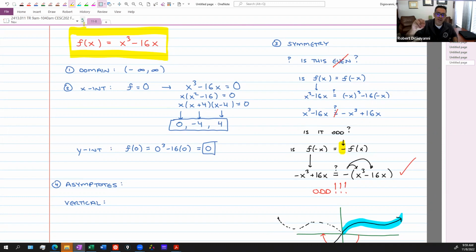A fixed number on top and then 0 on the bottom. Would that ever happen? Well, we don't even have a fraction, right? So we don't have to worry about it. So there are none here for this particular problem.